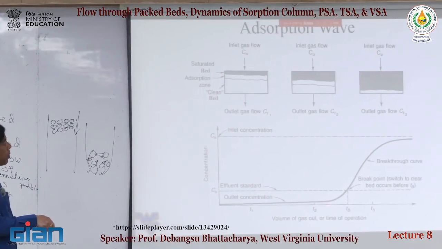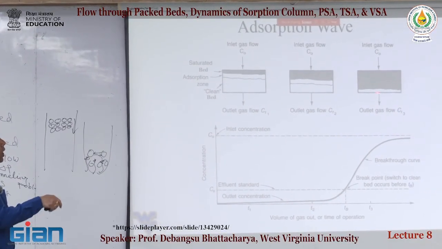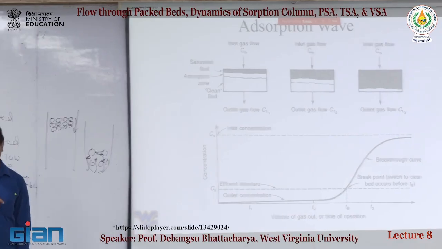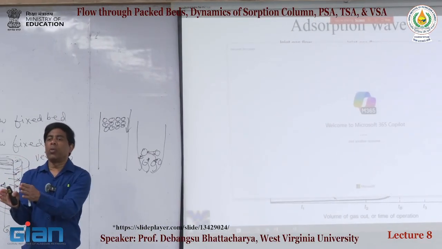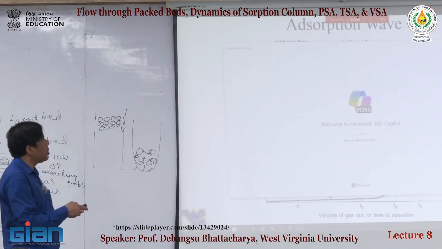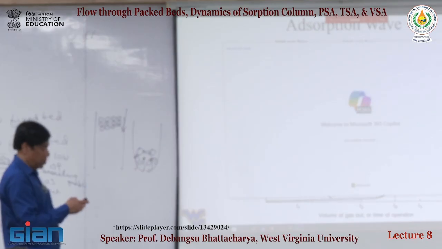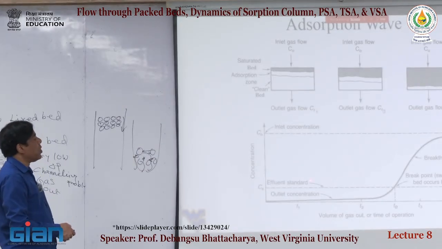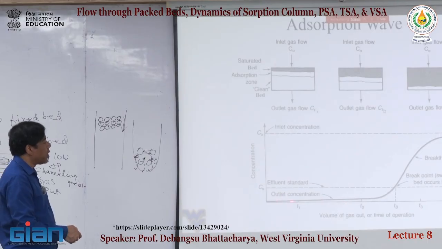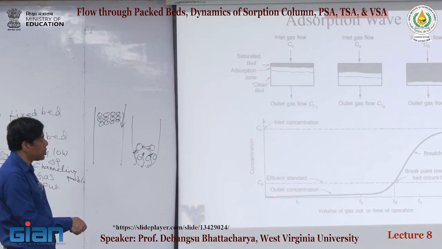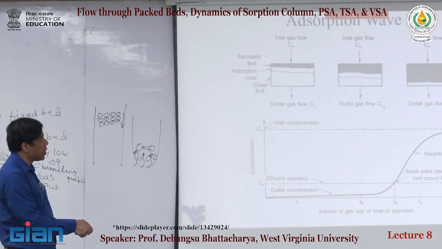So the problem that we have here is that we do not see what is happening inside the bed if you're just observing at the outlet. If you're looking into the curve here and looking at the outlet concentration, like this guy at the outlet concentration, you see really nothing is happening.